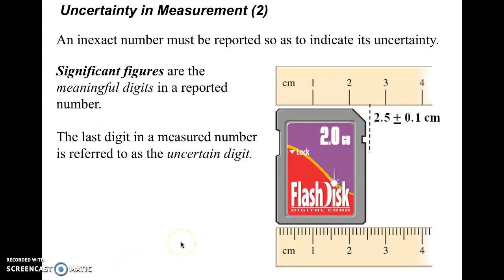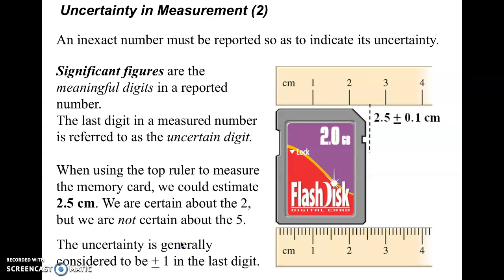So I have an example here of a measurement of an SD card, and we're going to look at the number of significant figures or the meaningful digits that you can get. That last digit in the measurement is your uncertain digit, and you achieve it by guessing. So if you use this top ruler, you can see the SD card's width is over 2 centimeters, and you get to guess where it is between those last two marks.